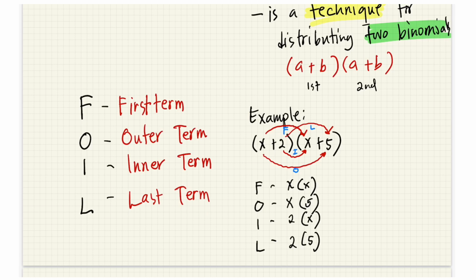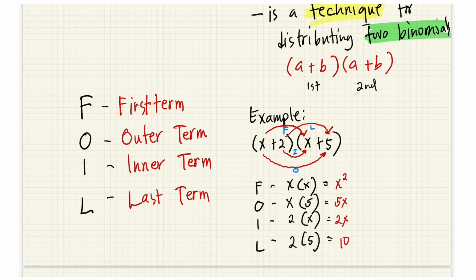Next, we simplify every letter. x times x is x squared. x times 5 is 5x. 2 times x is 2x. 2 times 5 is 10.